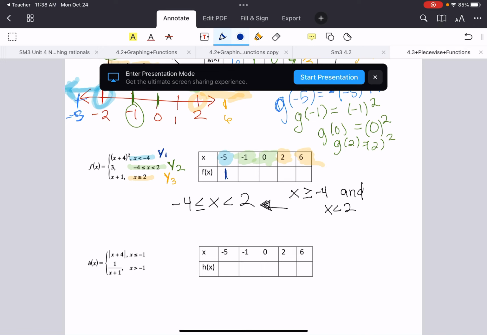So y1 of -5 would be 1. To check your work, -5 plus 4 is -1. -1 squared is 1. We said -1 was in the green, so that was y2. So we'll do alpha trace y2, -1 equals 3.